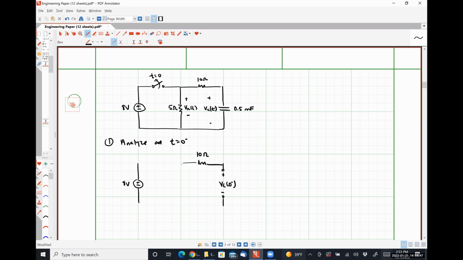Here's our 10-ohm resistor. Here's our 5-ohm resistor over which there is a voltage drop VR at 0 minus. And then should my switch here be a short circuit or an open circuit? Short circuit.